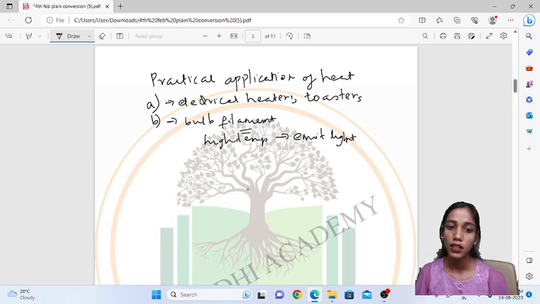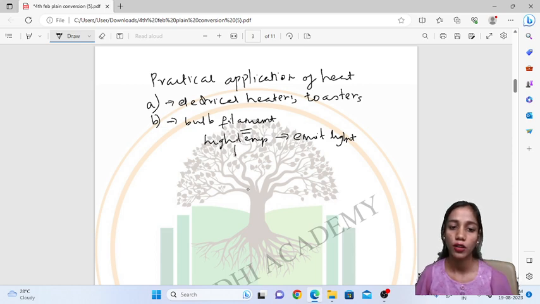In that case the heat should be high in the bulb filament, then only it will be able to emit light. So the filament of the bulb should be made of a material which can resist such high temperature.